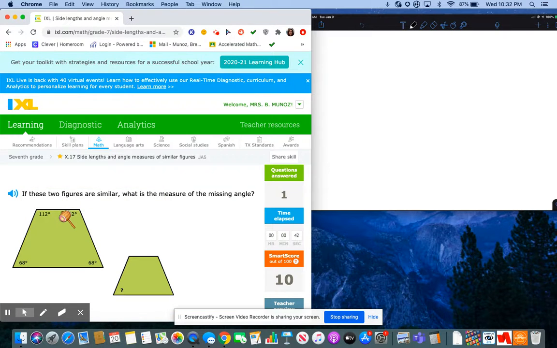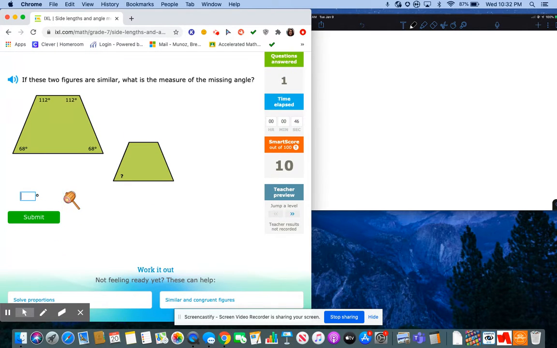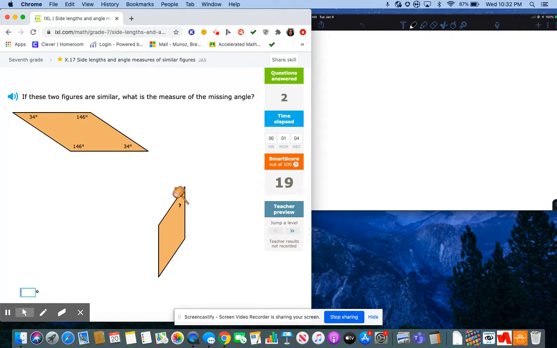So if they're asking us for the angles, just look for the corresponding angle on the similar figure. For instance, here, the corresponding angle for this acute angle in the trapezoid is this one, 68. So our answer is 68. Bam. Here it's asking us for this acute angle again, right?